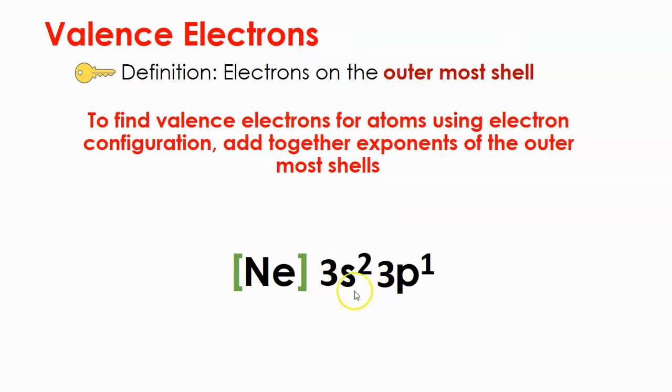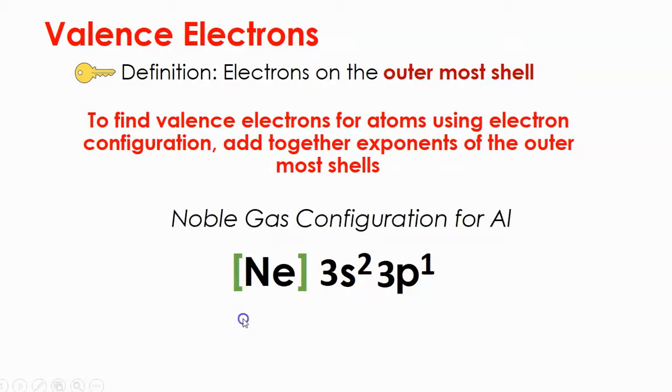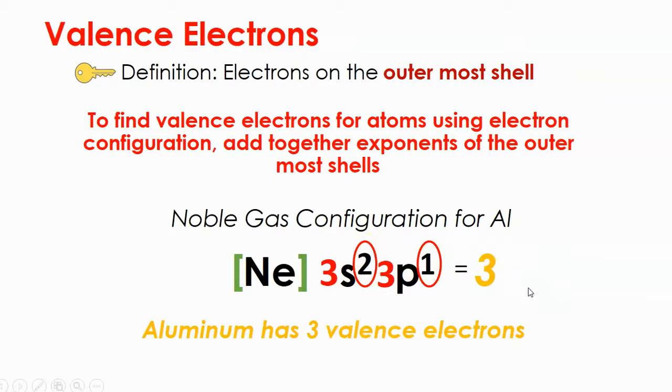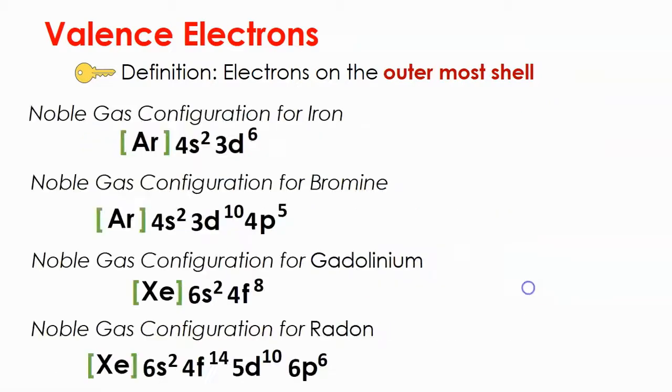If you notice over here, we have a 3s2 and a 3p1. Because 3 is the highest principal quantum number, that is the outermost shell, all we need to do is just add the electrons together of the exponent. So 2 plus 1 is going to be 3. And that means aluminum has 3 valence electrons.